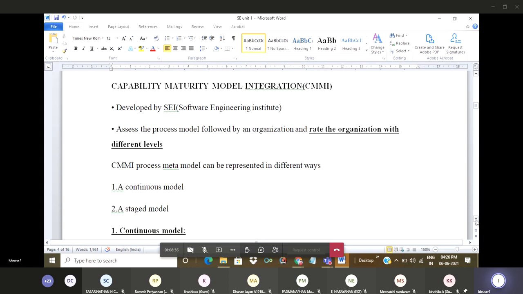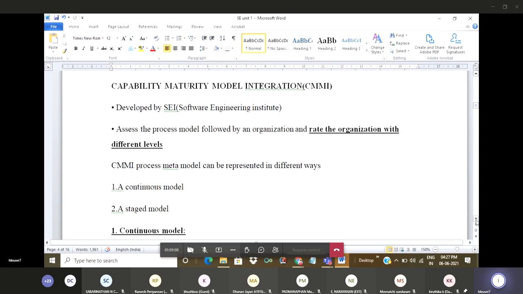So next is capability maturity model integration, or CMMI in short. The capability maturity model was developed by the Software Engineering Institute. CMMI is used to rate the organization with different levels. I'll explain it clearly tomorrow. If you're working in a top MNC, they have a certain level, and according to the level, you can rate your organization.